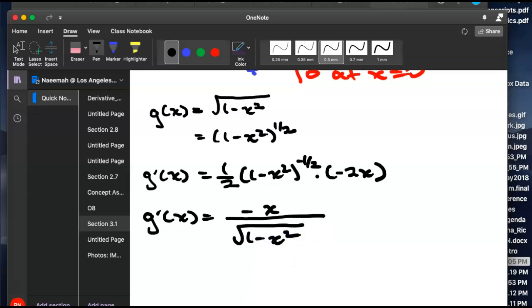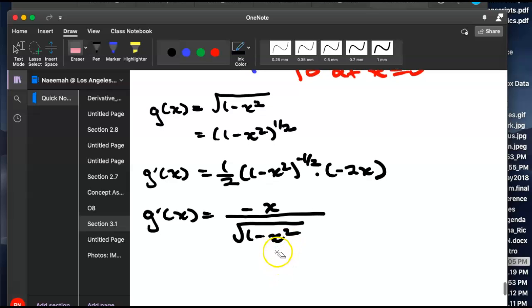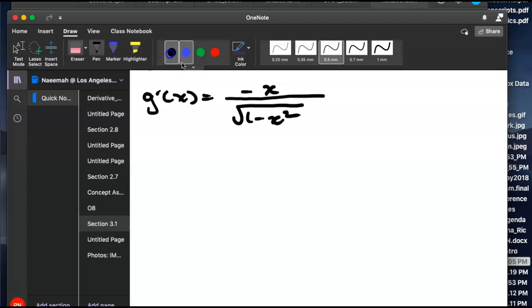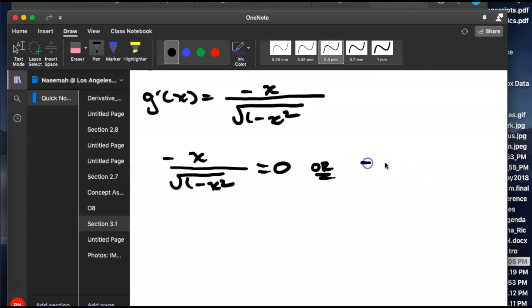I wanted to take a look at this particular example because to find those critical values, when you set that first derivative equal to 0, so when will negative x all over the square root of 1 minus x squared equal 0, or when will it be undefined?